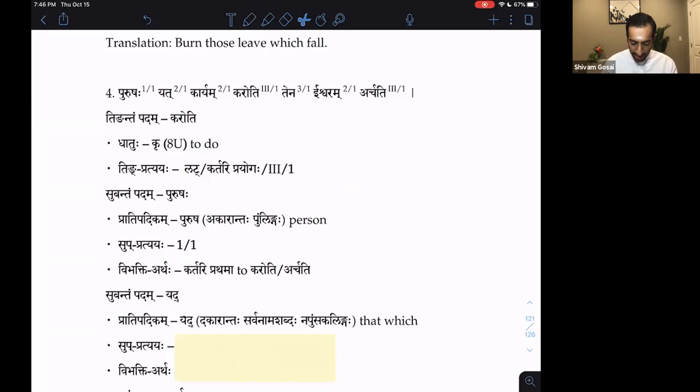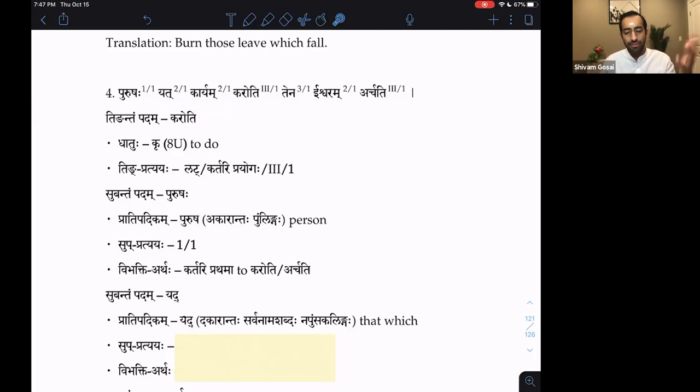Right? They also say that it could be kartri pratama to archati. Okay, so you could have the same karta for two different verbs, just so we know that. So a person does, purusha karoti, and then yat karyam.